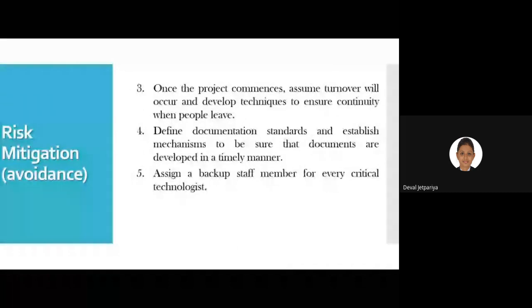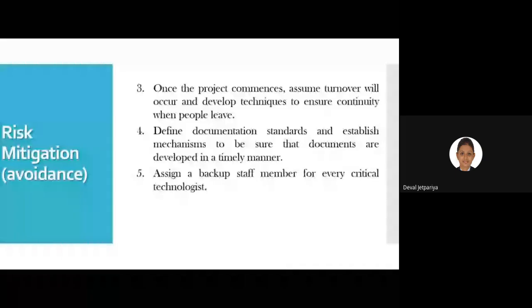The next is again on the same. Once the project commences, assume turnover will occur and develop a technique to ensure continuity when people leave. So define documentation standards and establish mechanisms to ensure a backup staff member for critical technologies. Fine. So here we are making some steps earlier to avoid our risk. Okay.